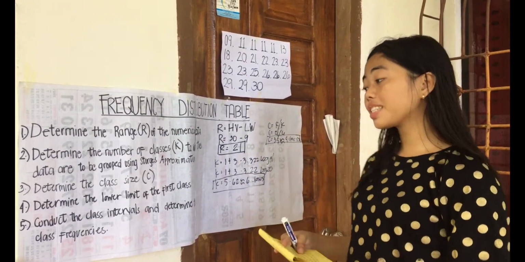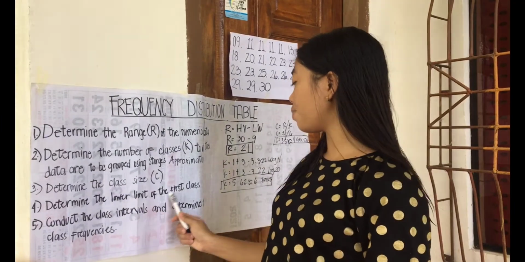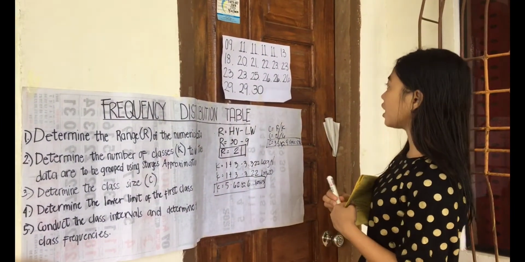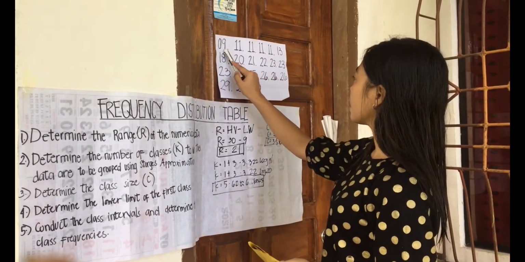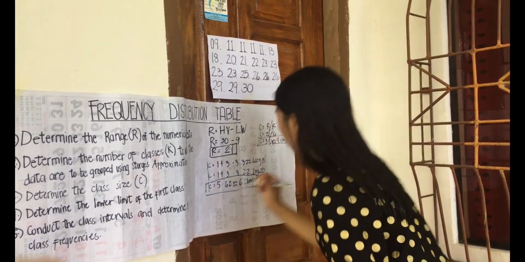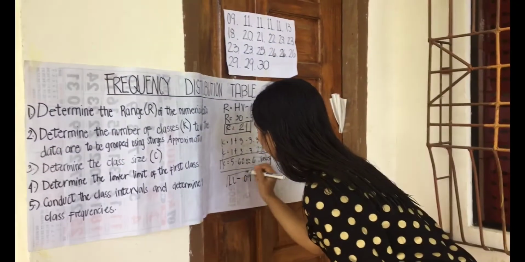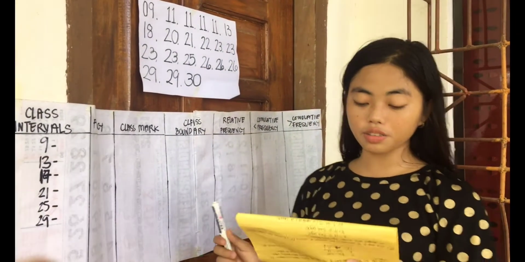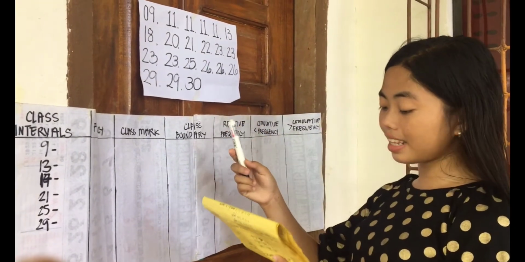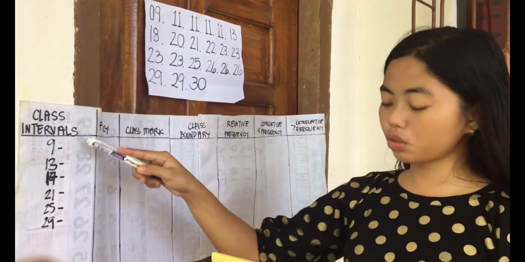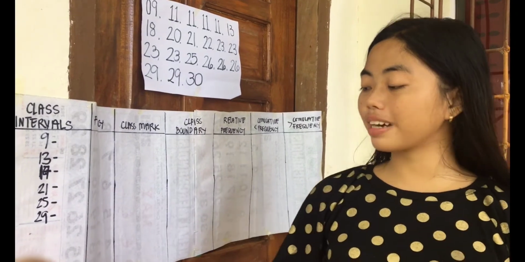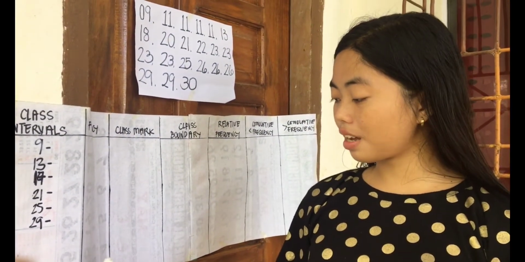For our fourth step, we determine the lower limit of the first class. The lowest value is 9, so the lower limit is 9. Then we set the class intervals and determine the class frequencies of all 20 students. Starting at 9, count off by 4 because the class size is 4.